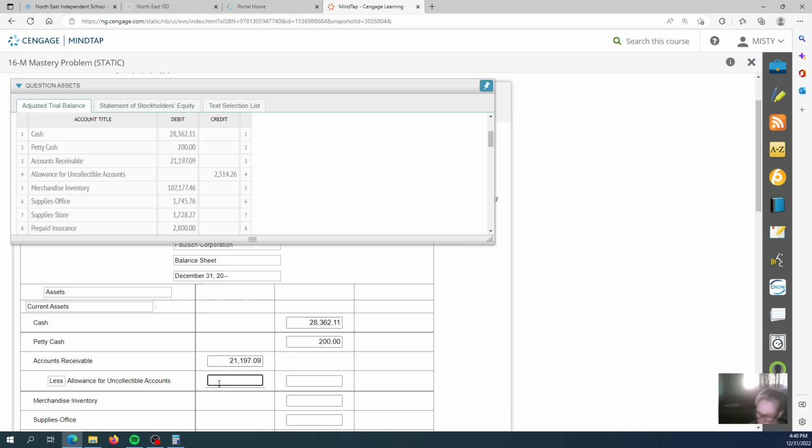And that amount is 2514.26. Okay, and remember that allowance for uncollectible accounts, that is still an asset, right? Because it's not an actual loss. That's just what we're planning for based on the industry or based on our past experience, right?